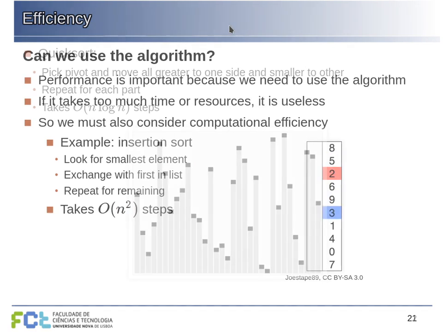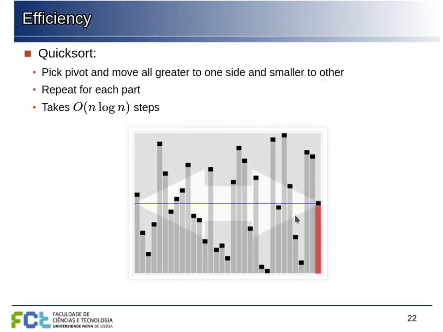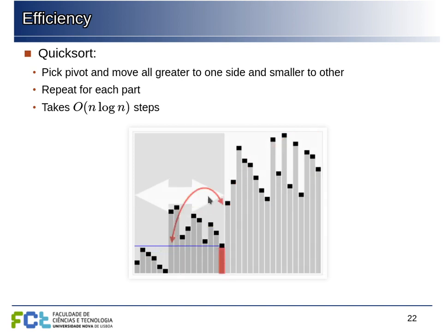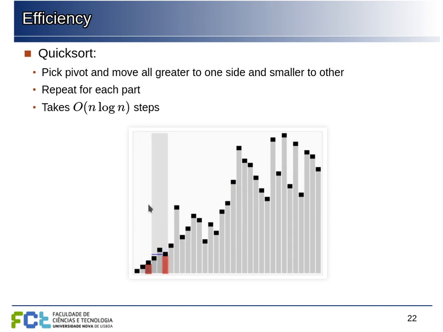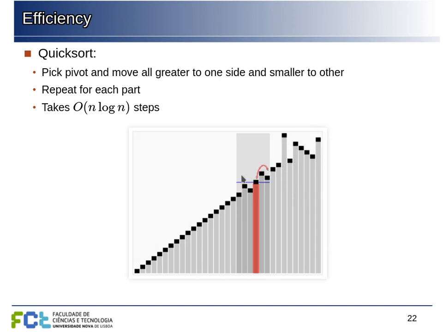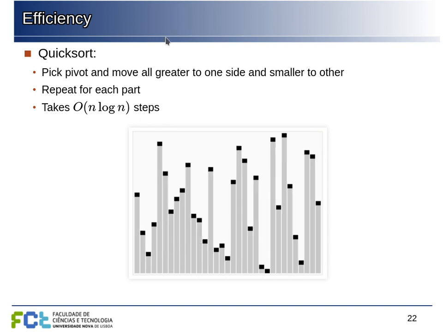A different sorting algorithm is Quicksort, which takes one of the values, for example, the last one, and puts all of those that are greater on one side and those that are smaller on the other side. And then it repeats the same procedure for each of the two parts. And then it repeats again and so on. The advantage of this is that when we are considering one of these parts, we only need to look inside the part that we are sorting, because all the values are already separated on one side and the other.